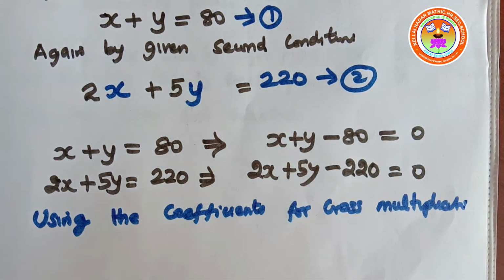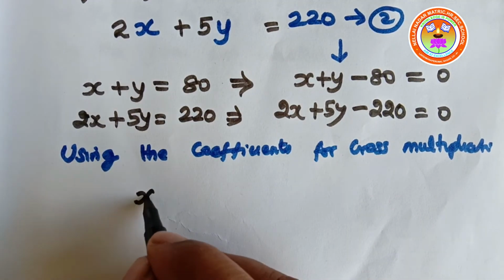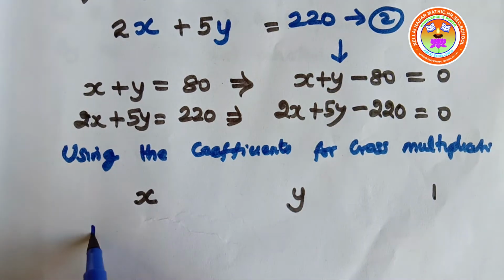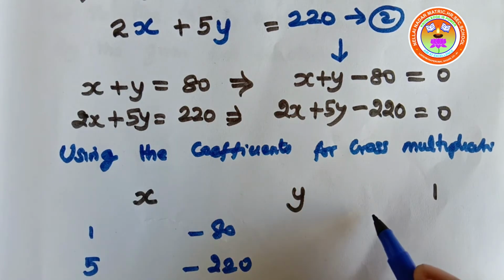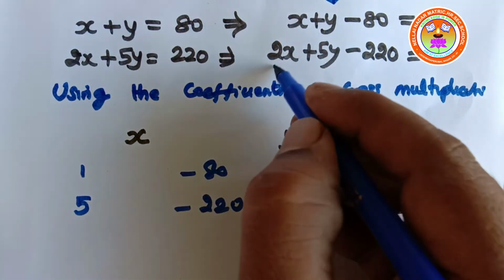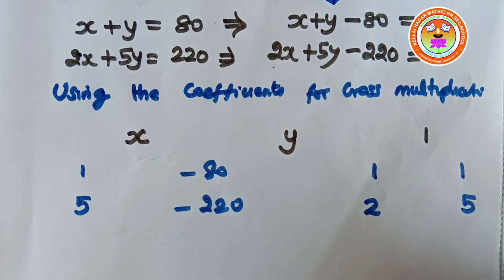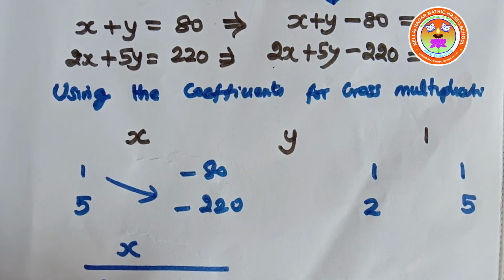It's clear children. Now I consider this as first. What are the coefficients? You first write x, y, constant. So first is 1, 1, minus 80, and again 2, 5, minus 220. It's clear children. Now x divided by, plus into minus formula: 80 into 5 is 400.